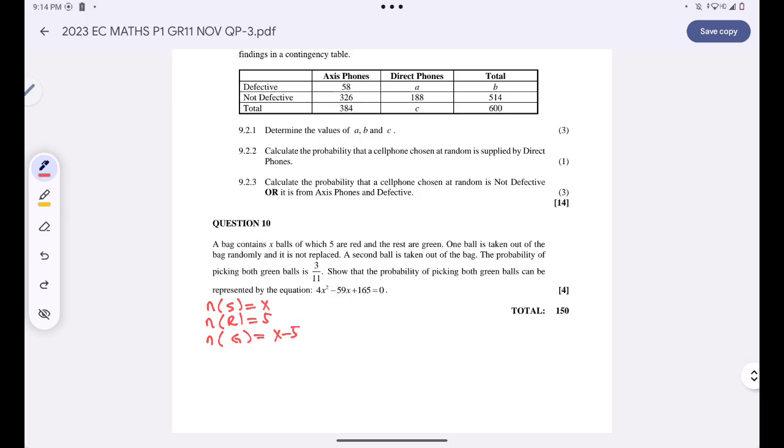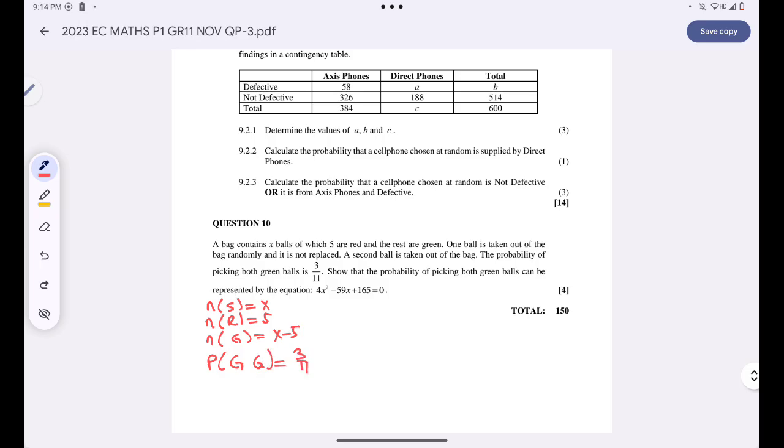One ball is taken at a time out of the bag randomly, and it is not replaced. A second ball is then taken out of the bag. The probability of picking both green balls is 3 over 11.